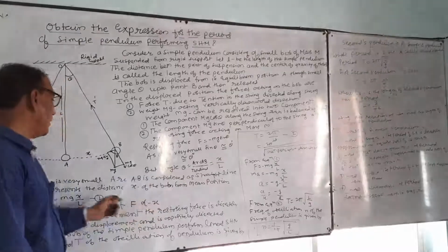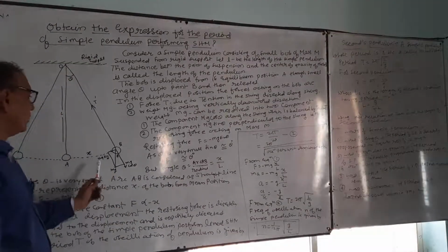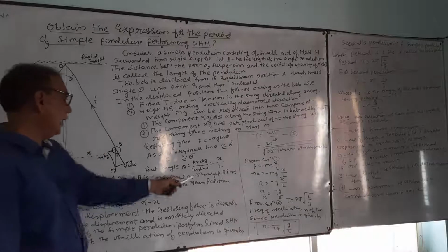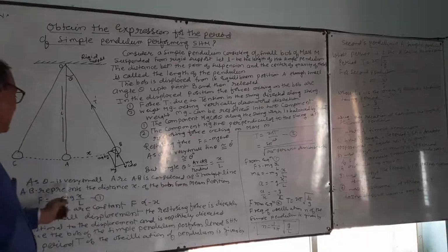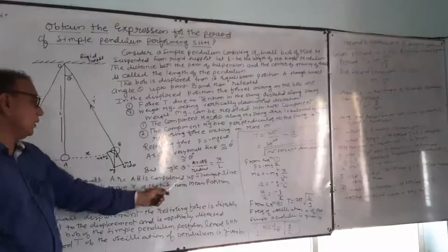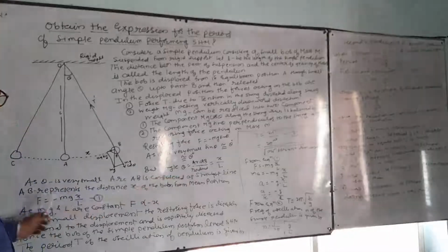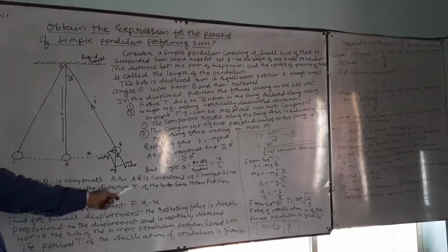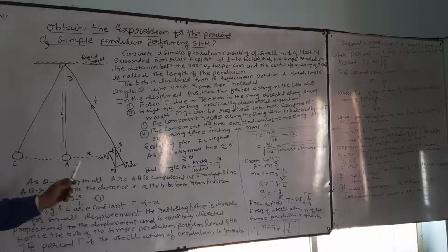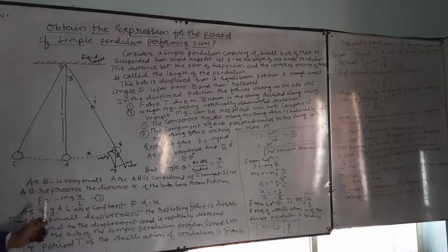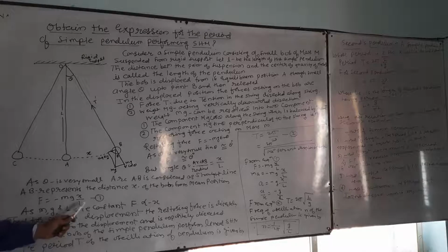But angle theta is equal to arc AB divided by radius, that is x by L. As theta is very small, arc AB is considered as a straight line. AB represents the distance x of the bob from the mean position. Therefore, F is equal to minus mg into x upon L.